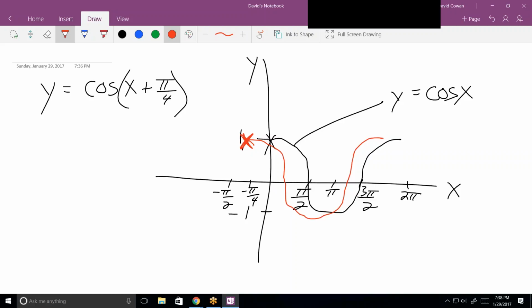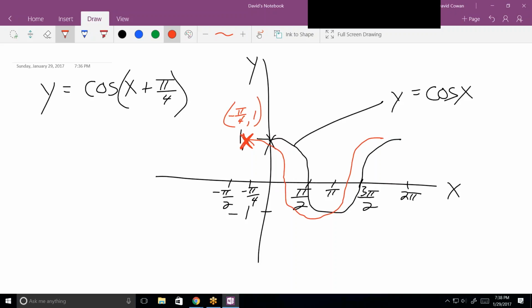My red curve should be exactly the same shape as my black curve, only it's starting pi over 4 to the left of the origin as opposed to at the origin. Or I should say this point right here is now minus pi over 4, comma 1. That red X.